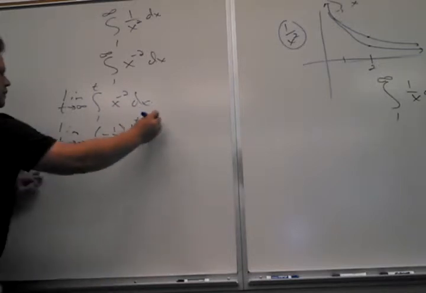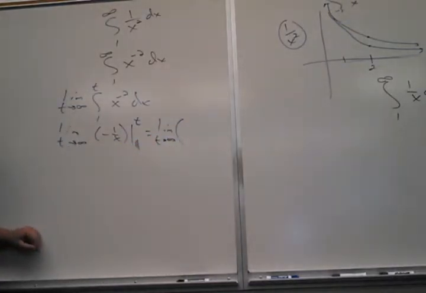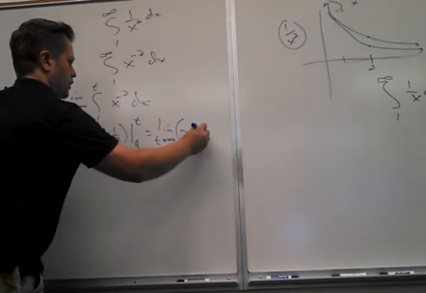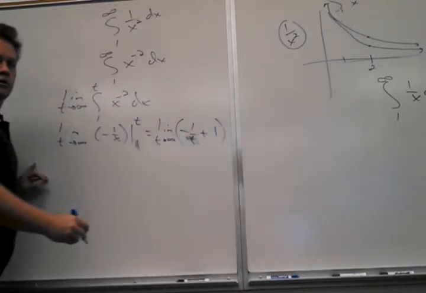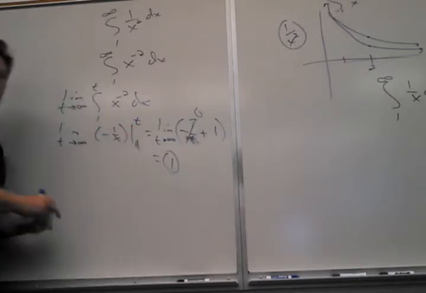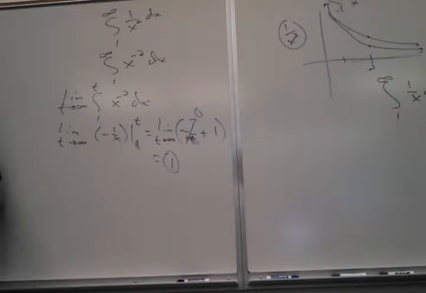So that would be the limit as t goes to infinity of negative 1 over t plus 1. And of course this goes to 0, so whoever said 1, exactly right. Kind of freaky. Thank you. All right. Yeah, at least you can humor me and just pretend like it's cool.